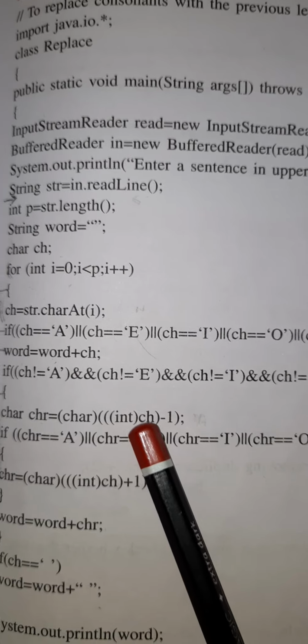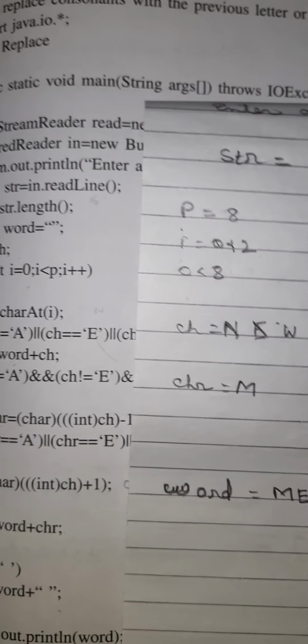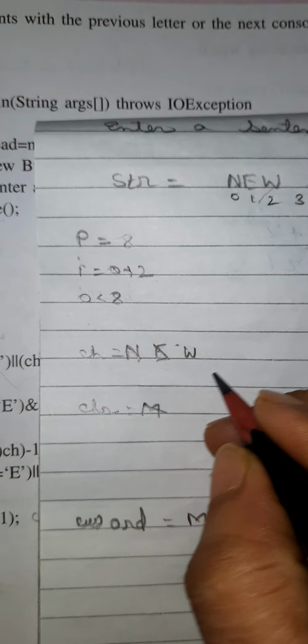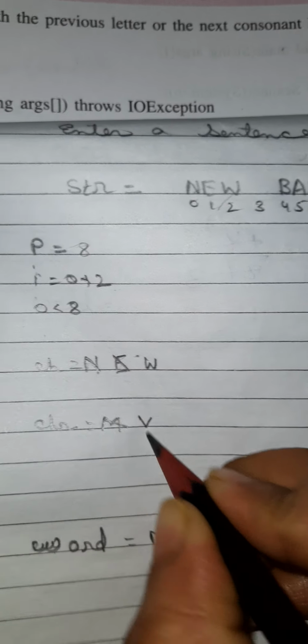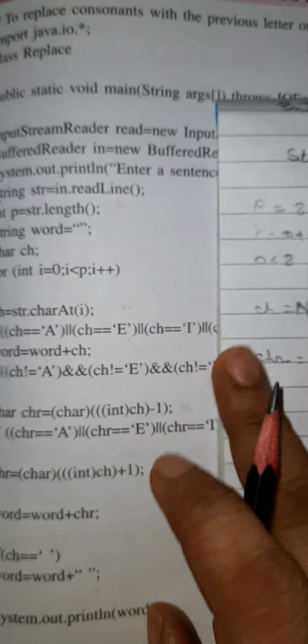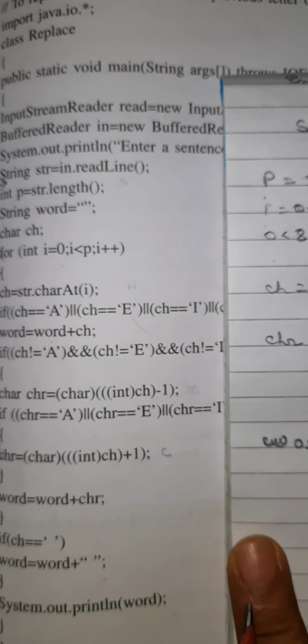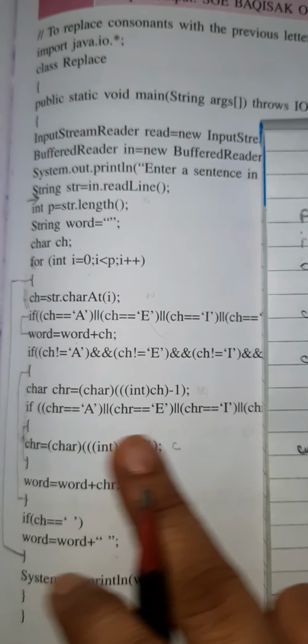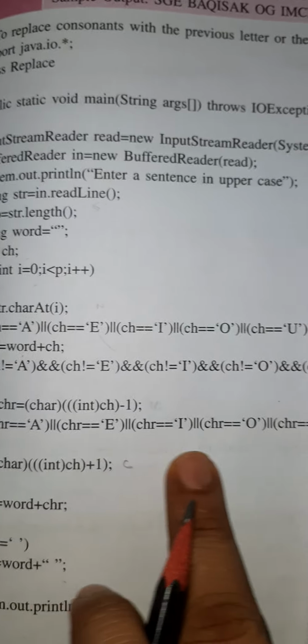So here what is it doing? CH minus 1. So minus 1 means W becomes V. So one letter before it will come, the previous letter, V. Now it is checking whether V is a vowel. No, V is not a vowel.